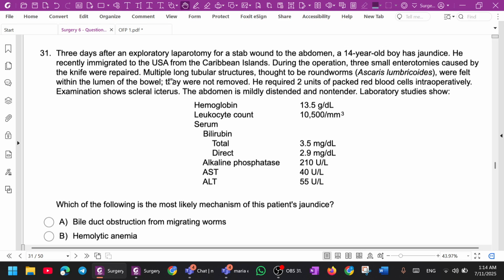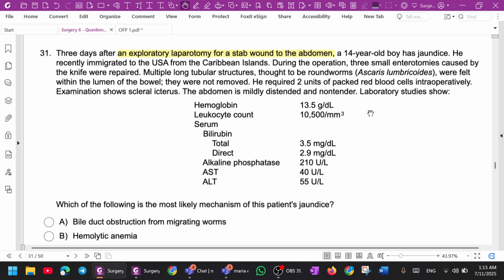Okay, next. Three days after an exploratory laparotomy for a stab wound of the abdomen, a 14-year-old boy has jaundice. He recently immigrated to the USA from a Caribbean island. During the operation, three small enterotomies caused by the knife were repaired.